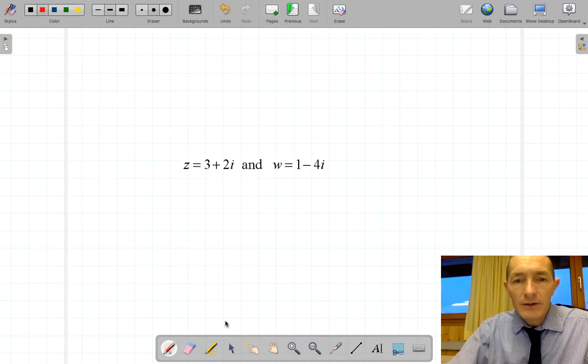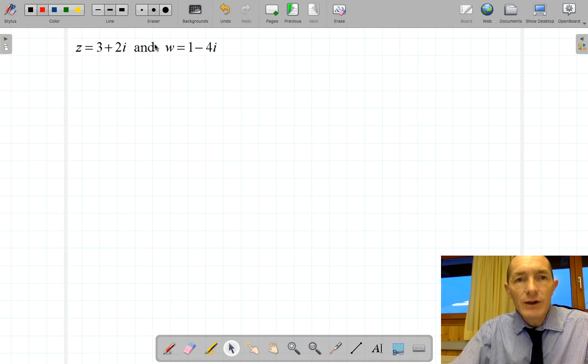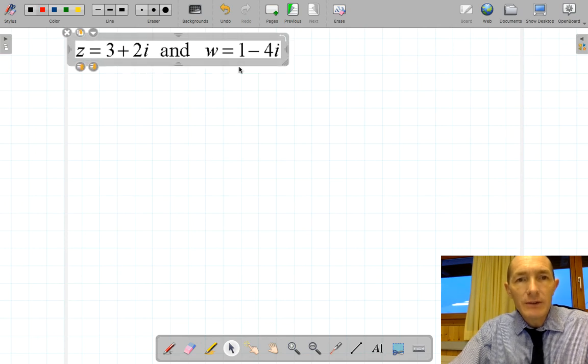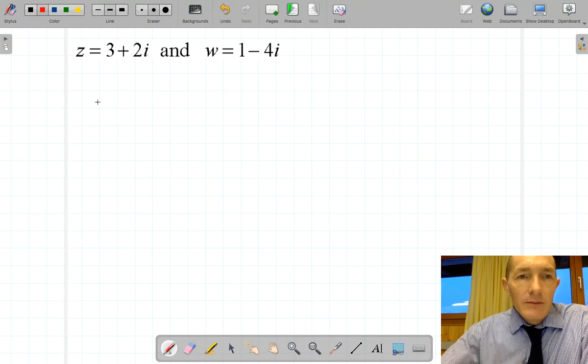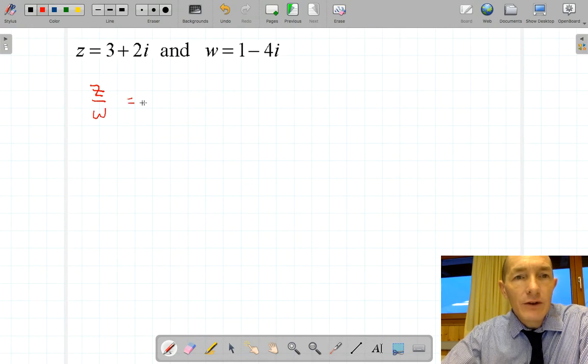So let's do this again. And let's write my two complex numbers here. It doesn't really make any difference which way I do it. Let's do z divided by w. And when I divide these complex numbers, what I'm going to do is a little bit like when you may have done surds. You're going to do 3 plus 2i divided by 1 minus 4i.